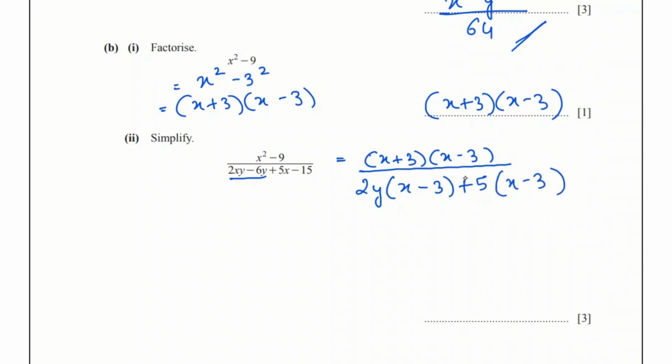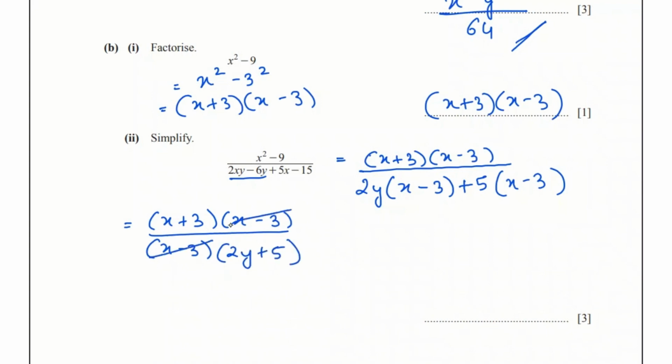We cannot cancel it since there's a plus sign in between, so we get x plus 3 x minus 3 upon, take the common term outside, 2y plus 5. Now we can cancel it off and we get x plus 3 upon 2y plus 5. So the answer is x plus 3 upon 2y plus 5.